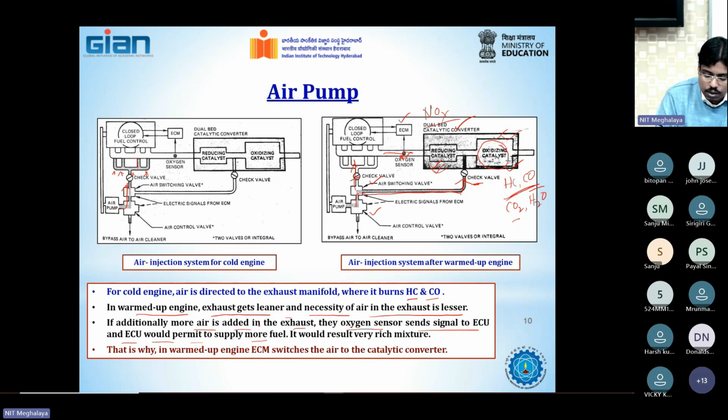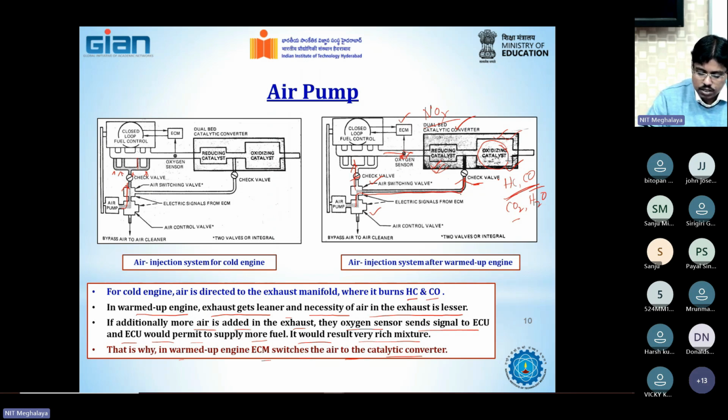When more fuel is supplied, it will result in a very rich mixture, which is not desired at this condition. That is why, in a warmed up engine, the ECM switches the air to the catalytic converter before the oxidation stage for the air pump operation.